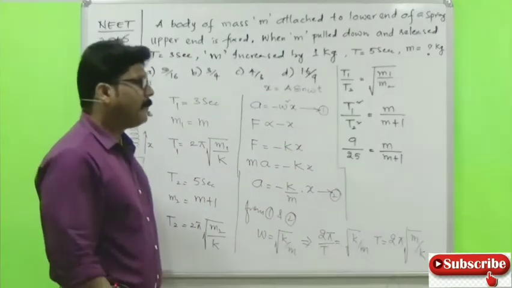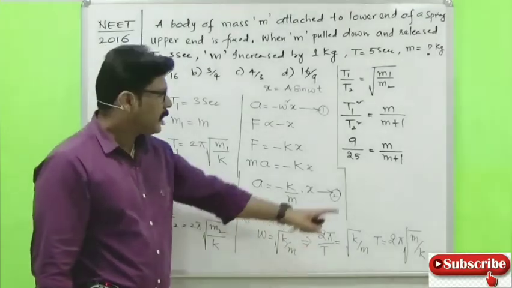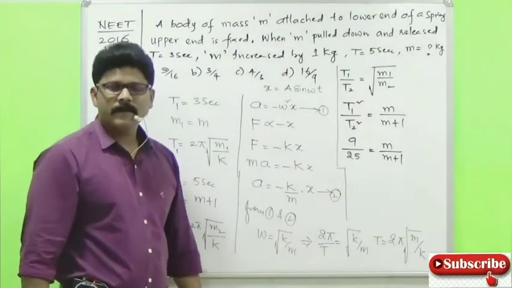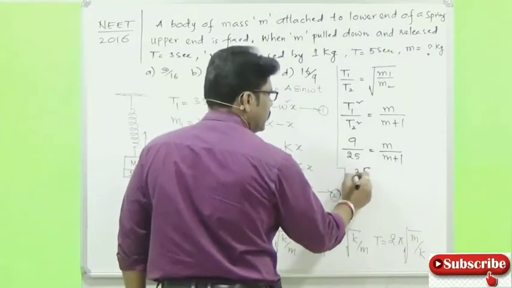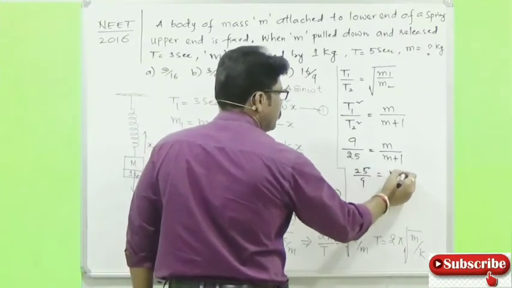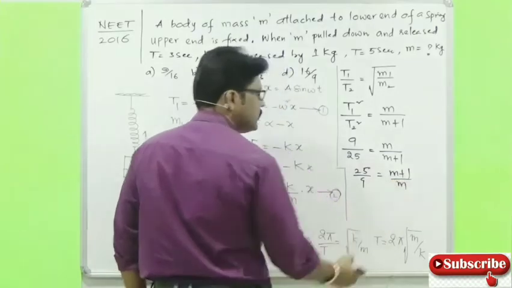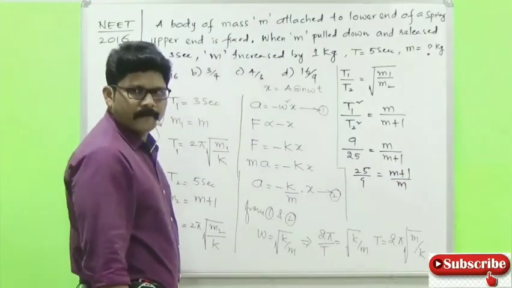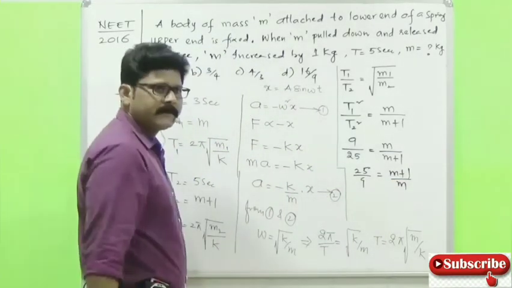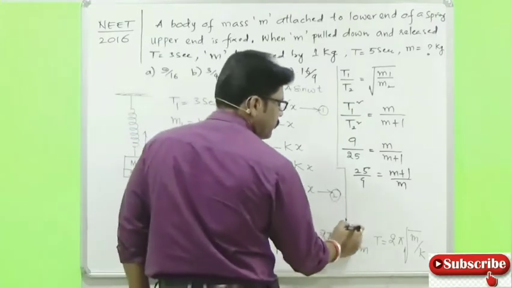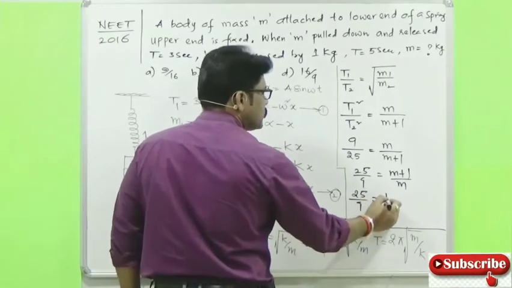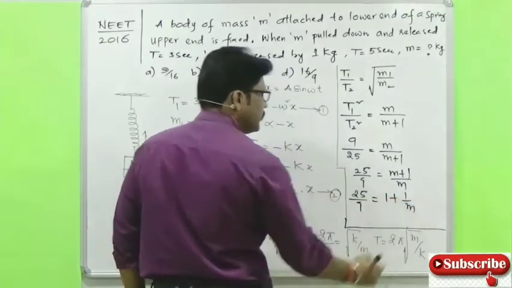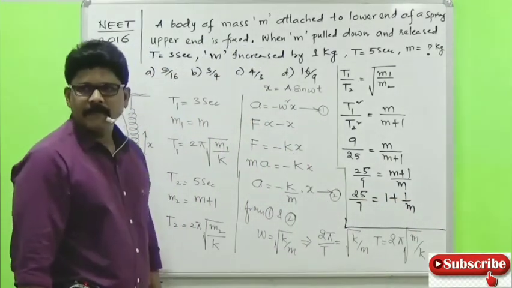Now calculate m easily. We can calculate it by cross multiplying. Otherwise we can do it like this: 25 by 9 equals m plus 1 divided by m. Just reciprocate it. Then 25 by 9 equals 1 plus 1 by m. Dividing individually.